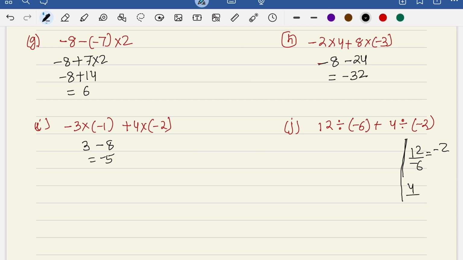Then 4 divided by minus 2 is also minus 2. So the answer is minus 2 plus minus 2. Plus minus is minus, so minus 2 minus 2 is minus 4.